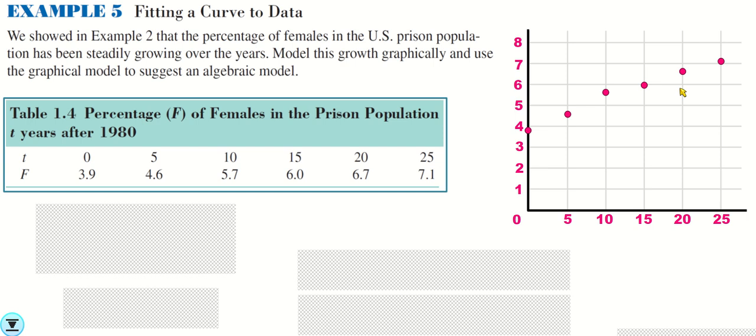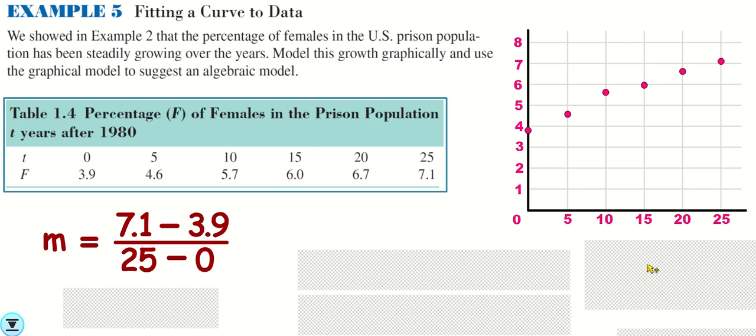And I'm looking at this going maybe a line right through all these dots. And so what we would do is, once you saw the graph and it looks like a line, or close enough, right?